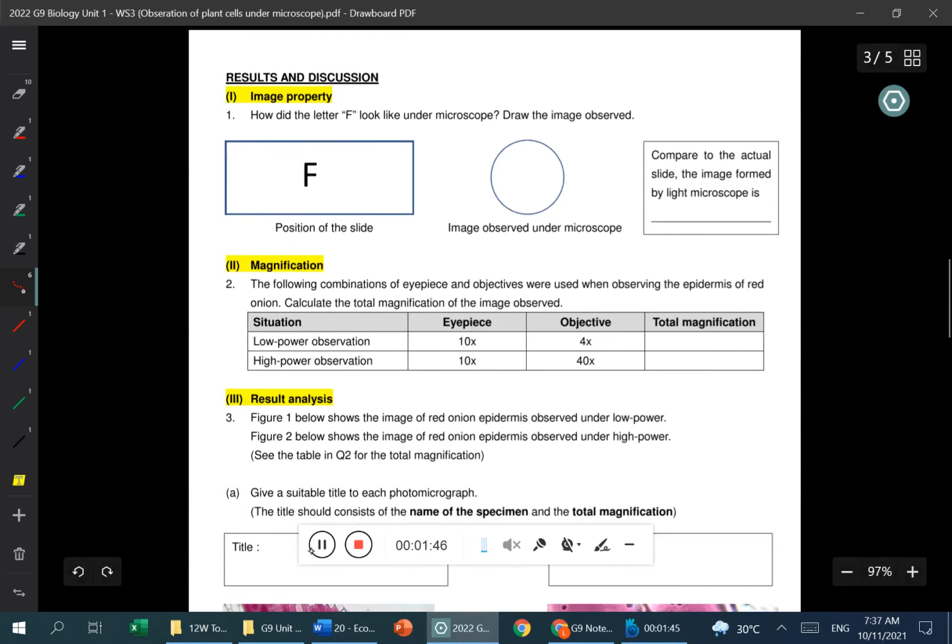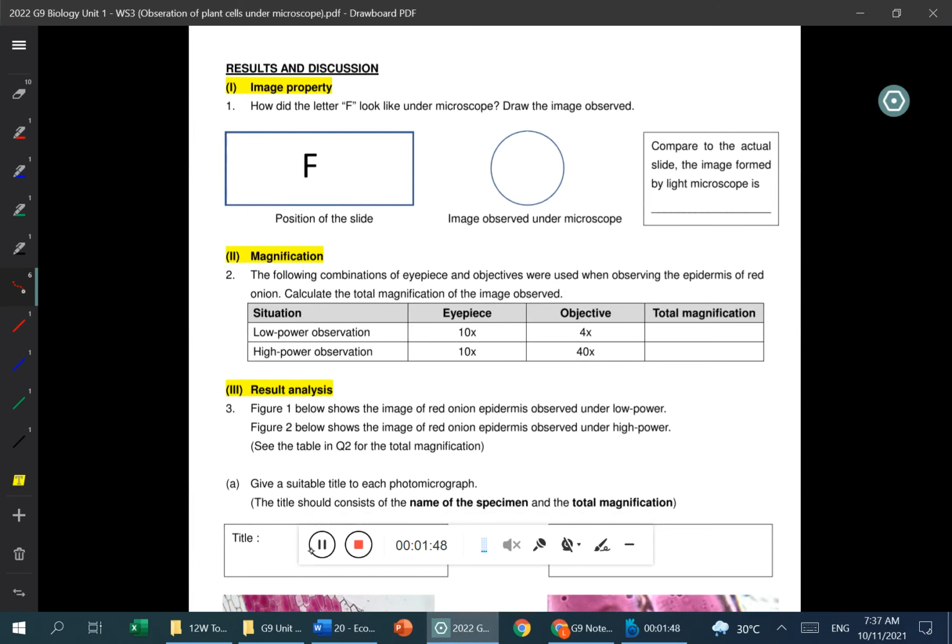And remember, you can follow this video to complete your worksheet, but don't just copy the answer. More importantly, you should understand why or how we come up with answers like this and some important principles behind. All right, let's start.